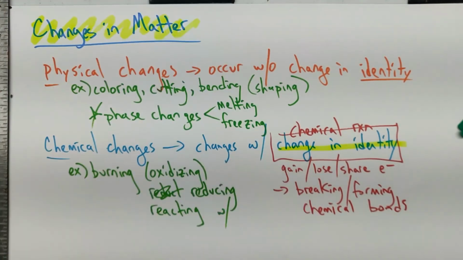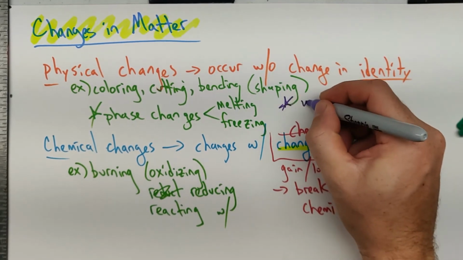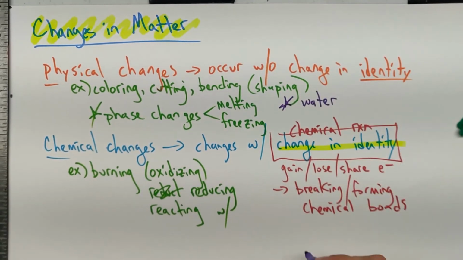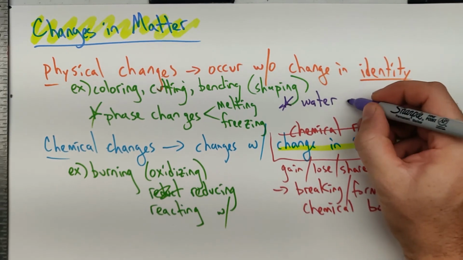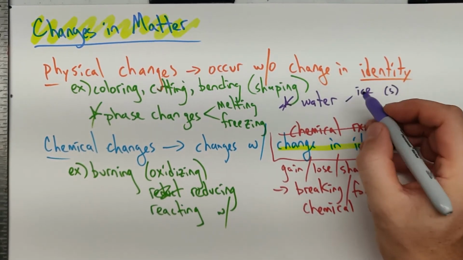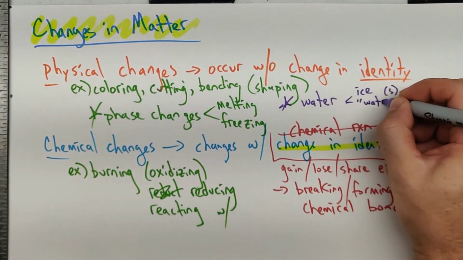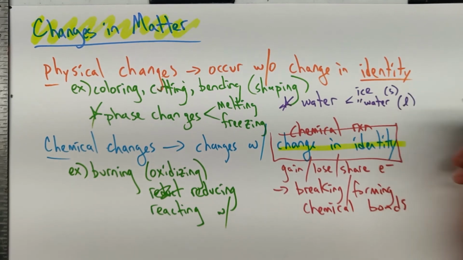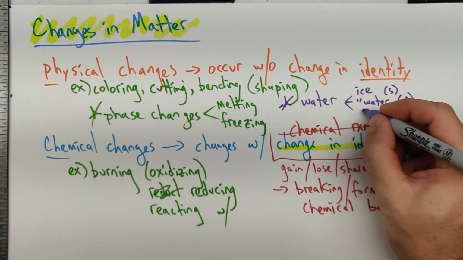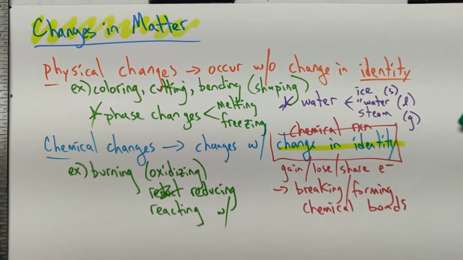But with a closer look, if we take the example of water, we have water as ice. That's a solid. We have water as a liquid, and I'll put L for liquid. And we have steam, which is a gas. I'll put G for gas.